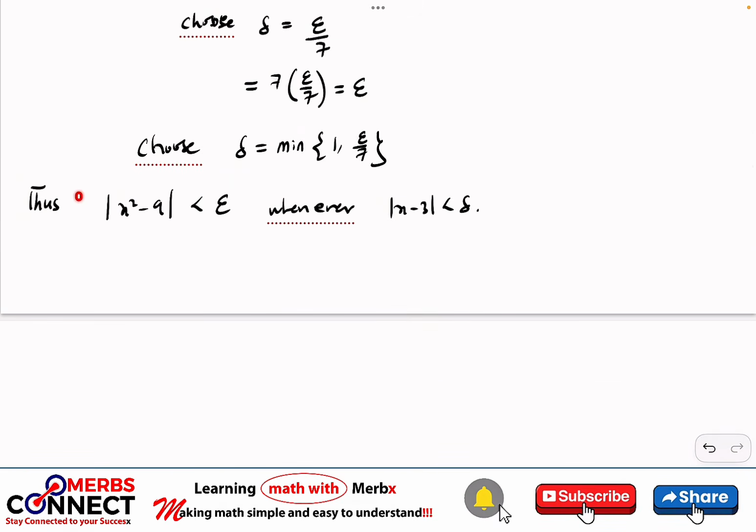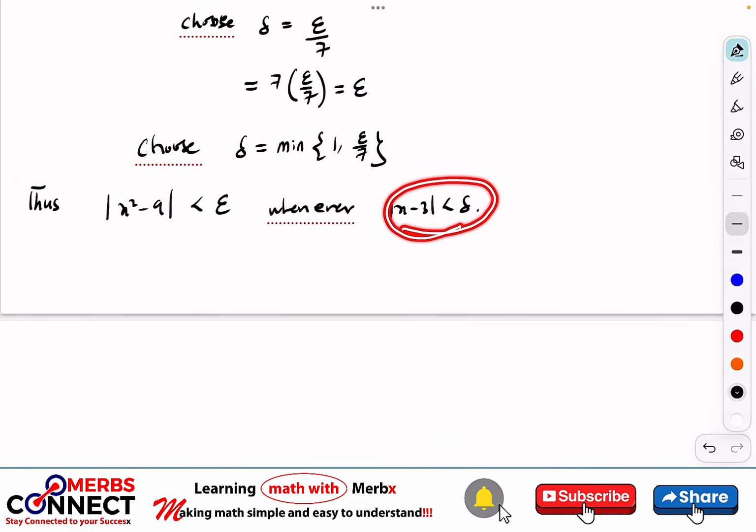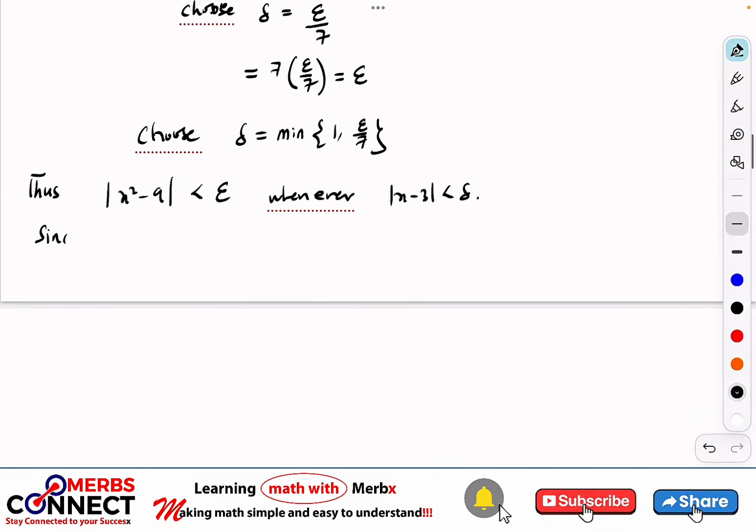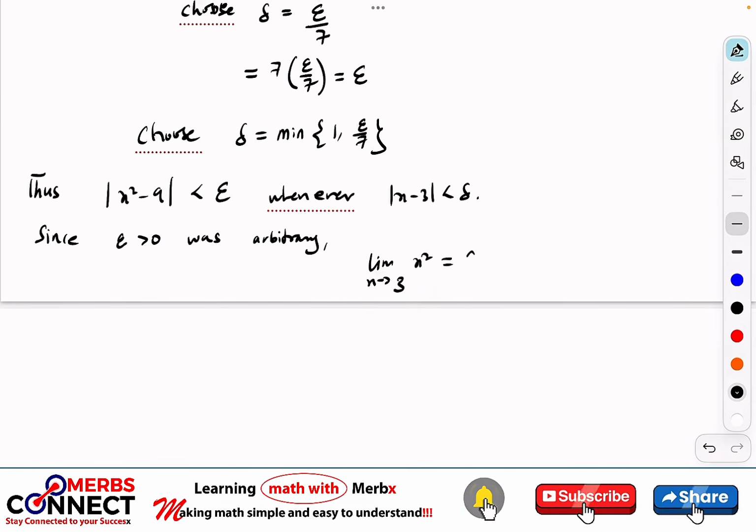So thus this is less than epsilon whenever this is less than delta. So since epsilon greater than 0 was arbitrary, we are going to conclude that the limit as x is approaching 3 of x squared is equal to 9. We have so many ways of concluding this, but I love it this way.